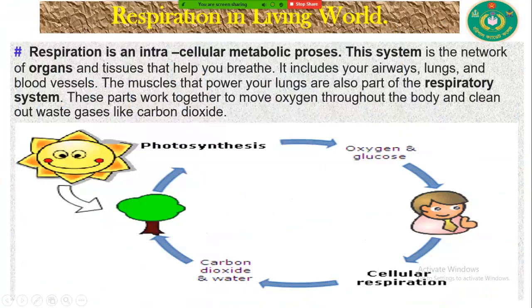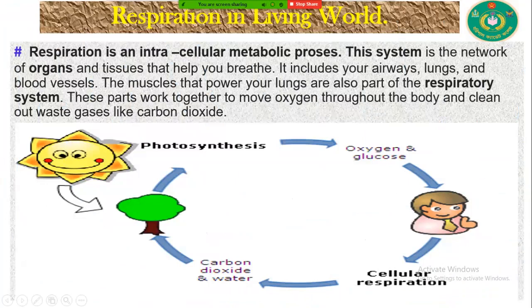Okay, boys. Now we discuss respiration in the living world. Boys, we know respiration is an intracellular metabolic process. This system is the network of organs and tissues that help you breathe.